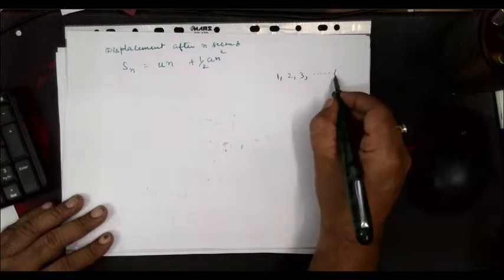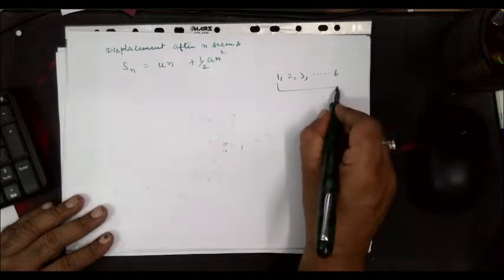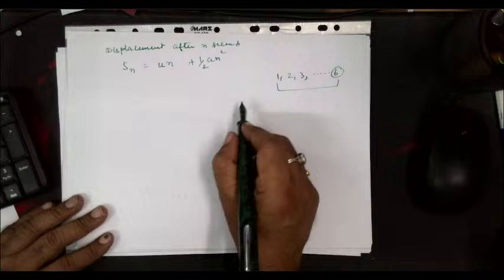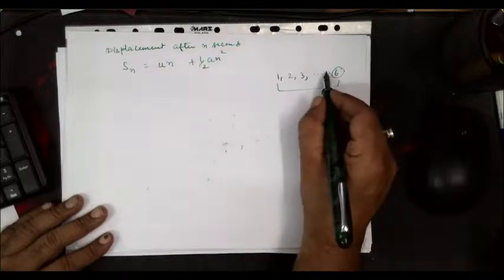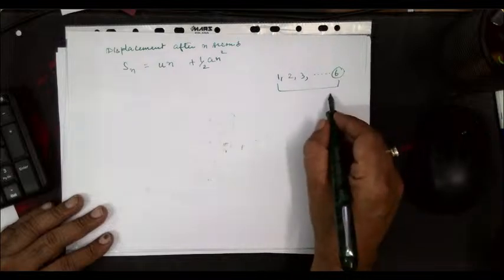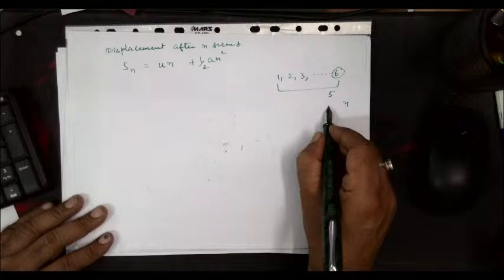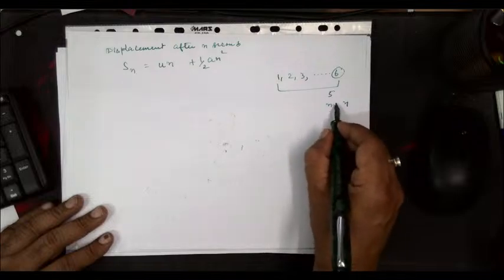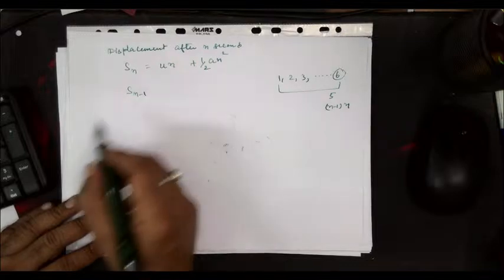Let me consider sixth second. It means I have to consider this sixth second. After 6 seconds means this one, and just the penultimate one means 6 minus 1, 5. So let me consider n. And what about this penultimate second? n minus 1. So let me consider s n minus 1.